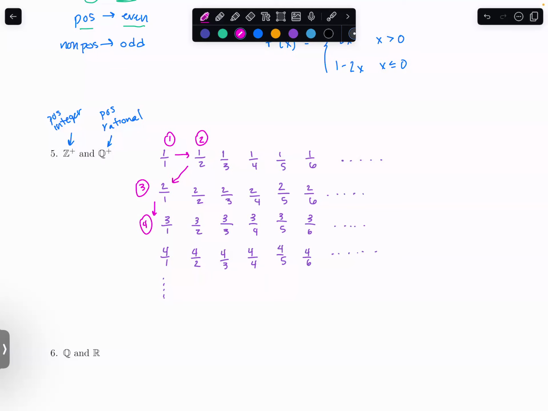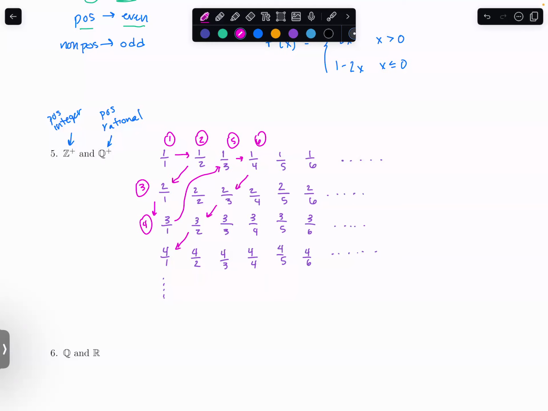We're going to skip any duplicates. So we're going to skip 2/2 because we already counted 1. And this will be your fifth entry. We're going to scoot to the side. That'll be your sixth. And then you're going to scoot down diagonally again, skipping any duplicates, which there are not any right now. So you're going to get all of those.